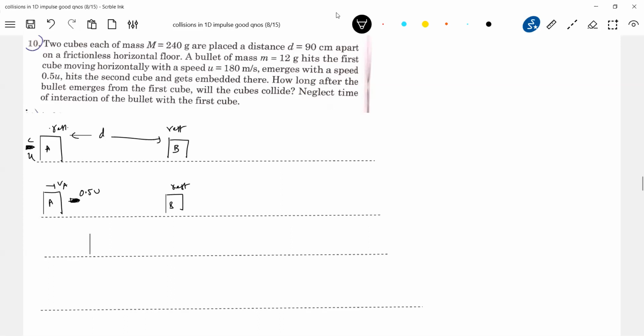Let's take it here, and the bullet will approach block B. By the time it collides, block A will cover a distance x1. These are instants of time, so let me define this particular time sequence as t1.